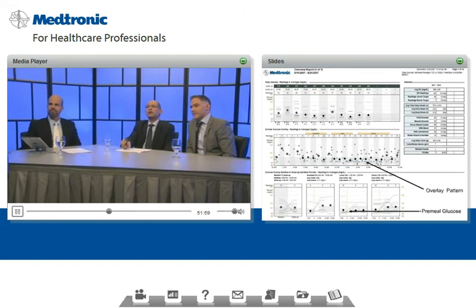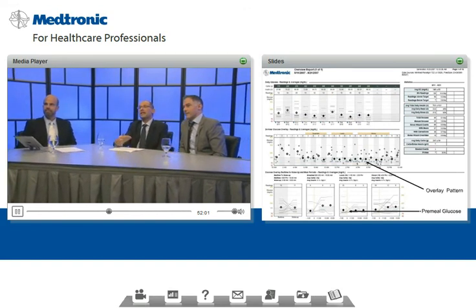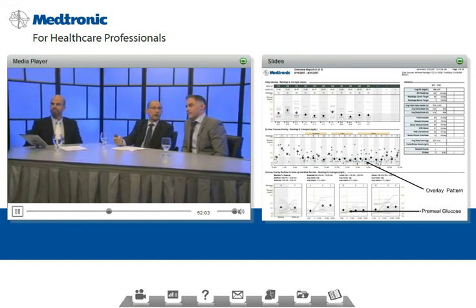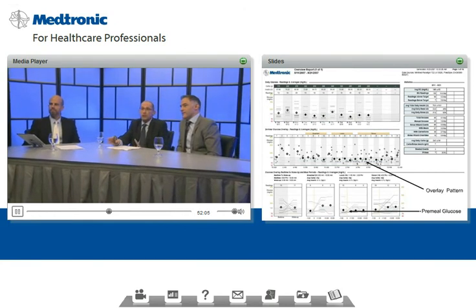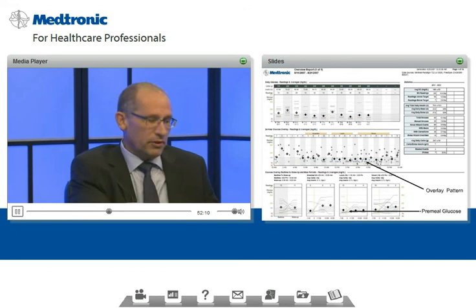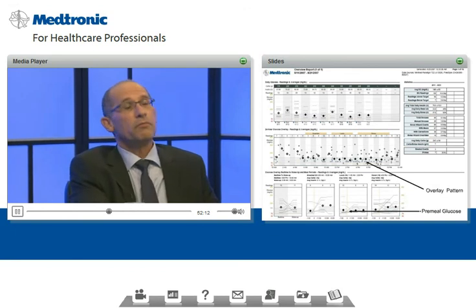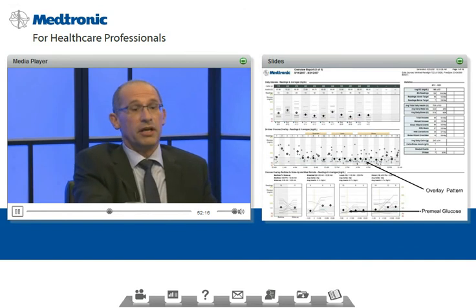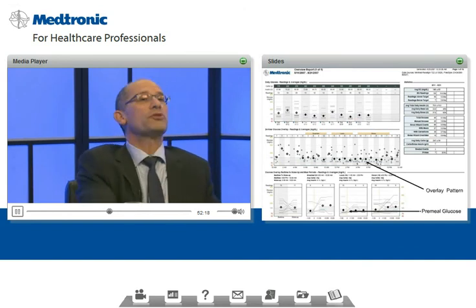But you don't need only CGM in order to gain access to information during the downloads. It's also good for patients who are not using CGM, because we know that because of many reasons, some of that has to do with the price of the CGM, most of the patients today, even though the evidence is there for its advantage, are not using CGM.